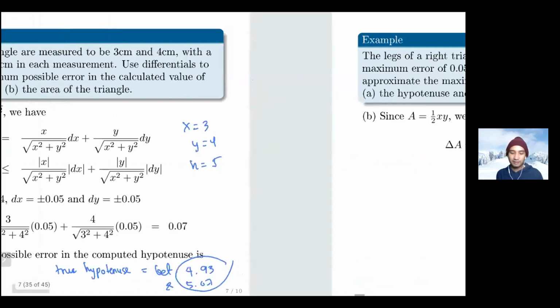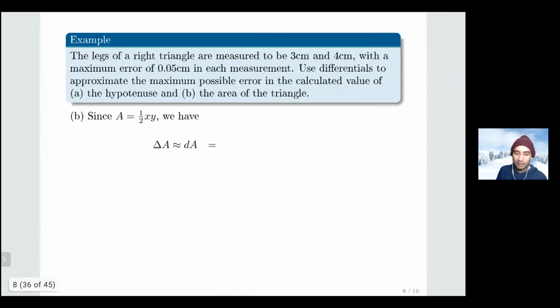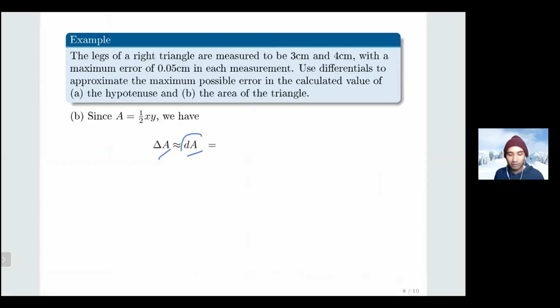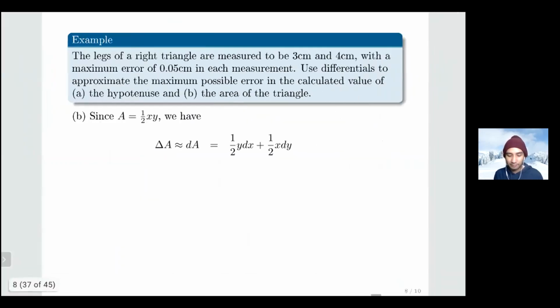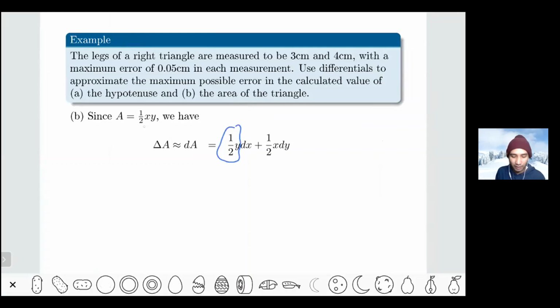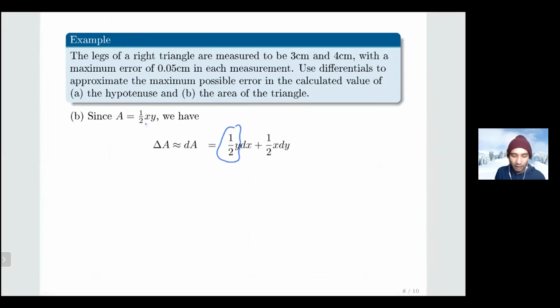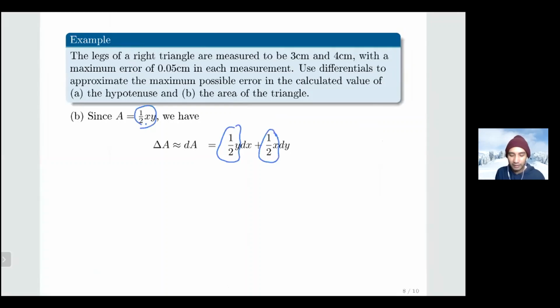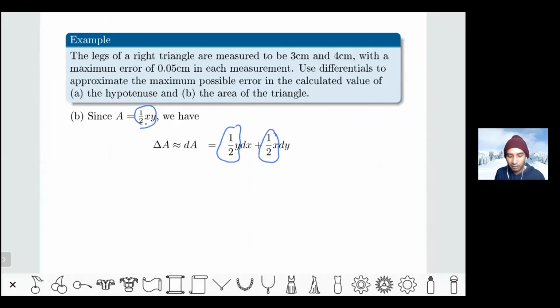So that's very nice. Same with the area. So again, ma-estimate natin yung error dun sa computed area versus the true area by computing for this differential dA. And yung coefficient ng dx, that's the partial derivative with respect to x. Na? So x here is, so we have here the partial derivative is 1/2 y, na tama. And then this is the partial derivative with respect to y, so 1/2 x.